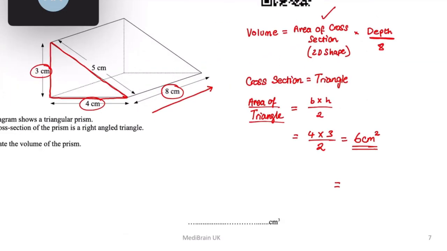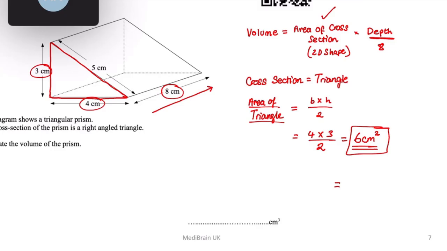The depth is 8. We've worked out the area of the triangle, which is 6 centimeters squared, and all you have to do is multiply it by the depth, 8 centimeters.